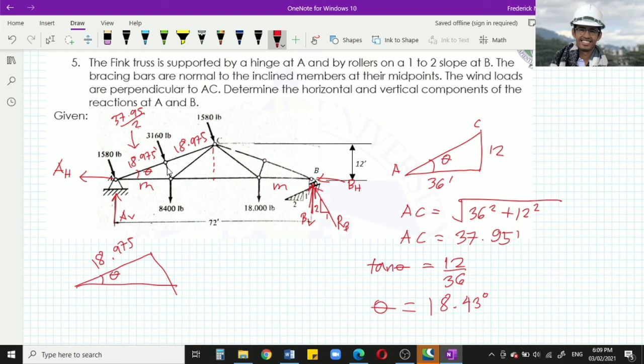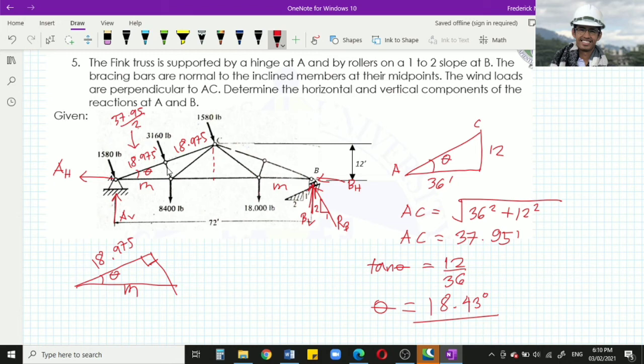Ibig sabihin, this will be 90 degrees. So right triangle siya. And ito yung M natin. So given yung 18.975 and given din yung theta natin, masosolve natin yung M natin using cosine.